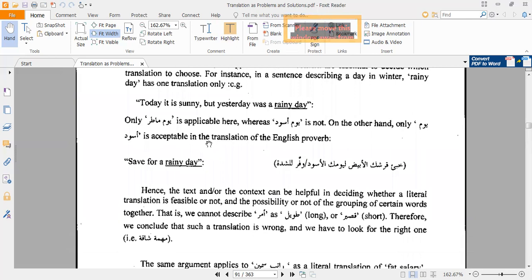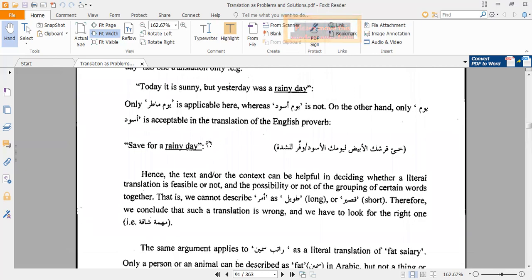We have talked about these rainy day. We can rely on the context and the surrounding words.